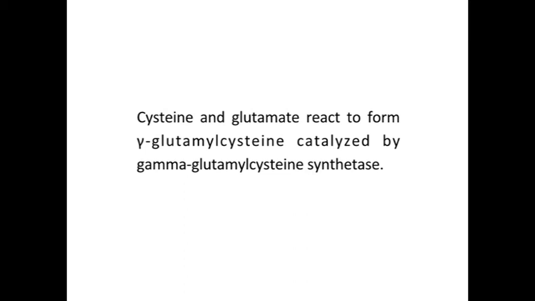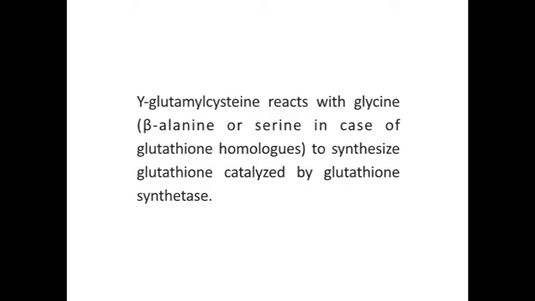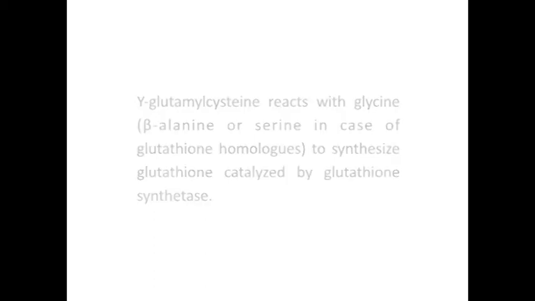First, cysteine and glutamate react to form gamma-glutamyl cysteine catalyzed by gamma-glutamyl cysteine synthetase. Next, gamma-glutamyl cysteine reacts with glycine, or beta-alanine or serine in case of glutathione homologues, to synthesize glutathione catalyzed by glutathione synthetase.